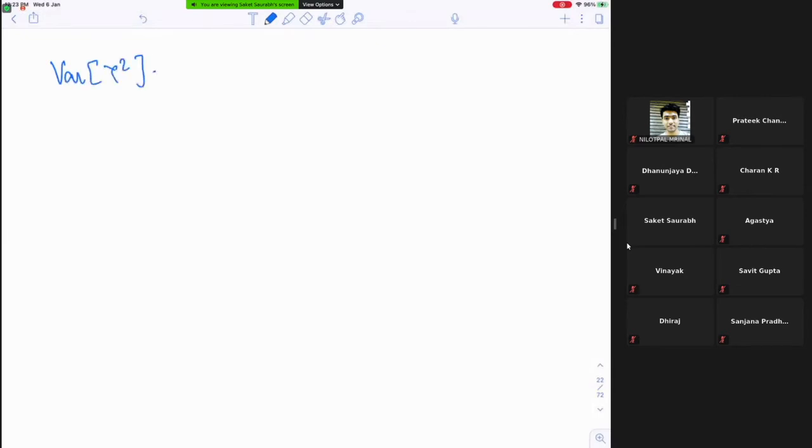I'm not going to compute the variance of y square directly. I'm going to compute the expectation of y square, and from there we will get it. We could have computed the expectation of y square the way we computed the expectation of y. But do you remember how we did the variance of y square?